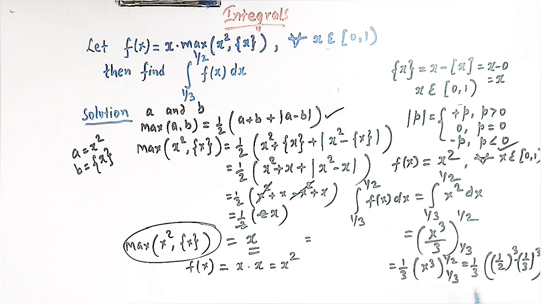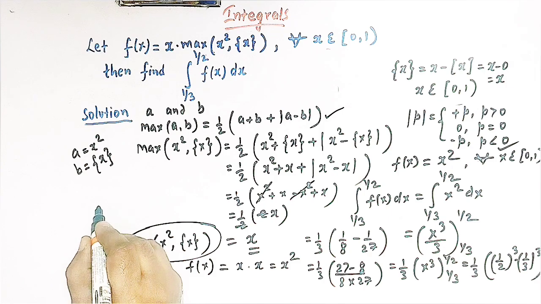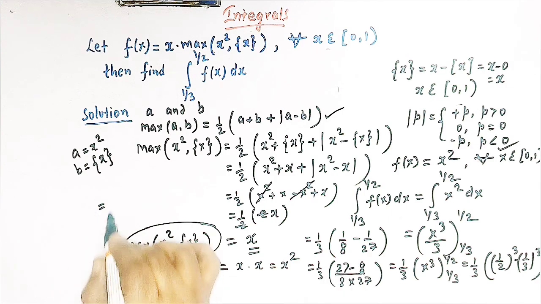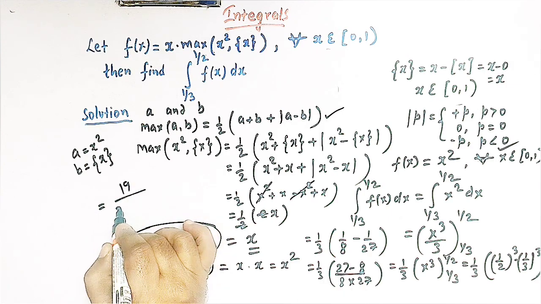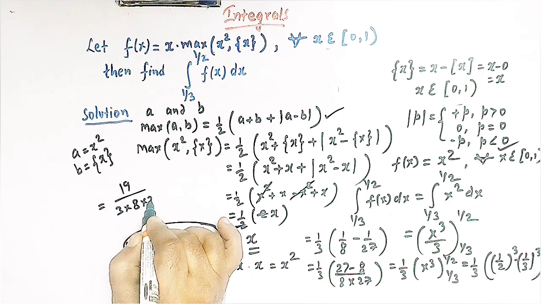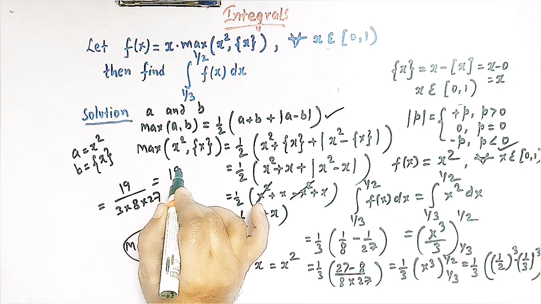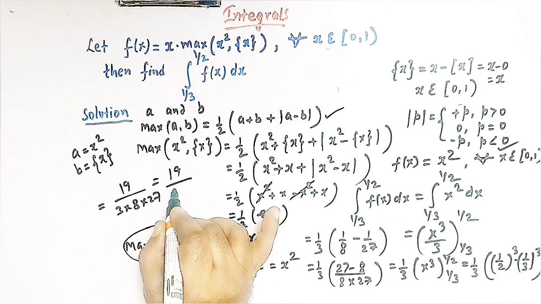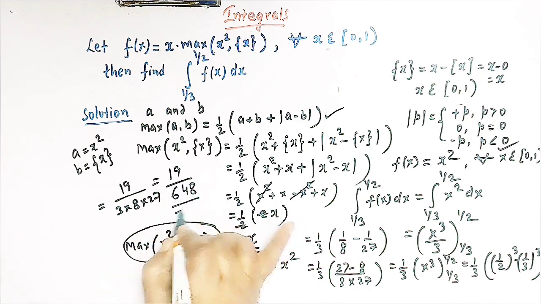So the value of this integral is now equal to 1 over 3, and half cube is 1 over 8, and 1 over 3 cube is 1 over 27, and simplifying it, we have 27 minus 8 over 8 times 27, and we can now write here 19, and in the denominator we have 3 times 8 times 27, and this is 19 divided by 648, right?